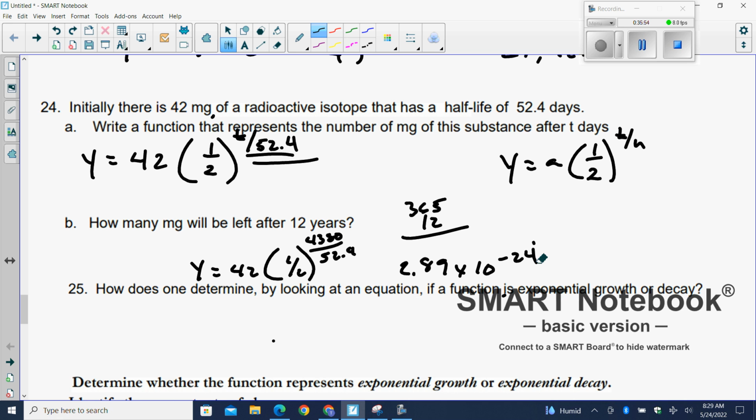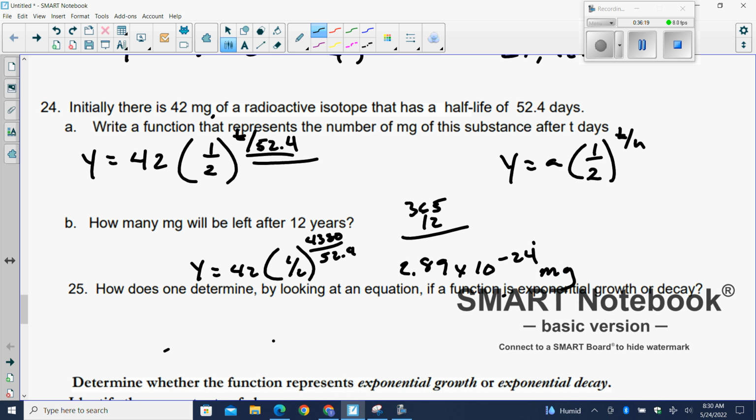Think back to your scientific notation, back to science class. That means move the decimal place 24 places to the left. Some of you may say, well, that's just 0. Yeah, it pretty much is 0. There's pretty much nothing left. But there is something. There is 2.89 times 10 to the negative 24th milligrams left.